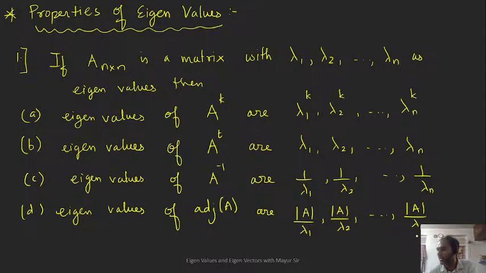This is how they are given, okay? So these are some important properties. There are more, we will see them.